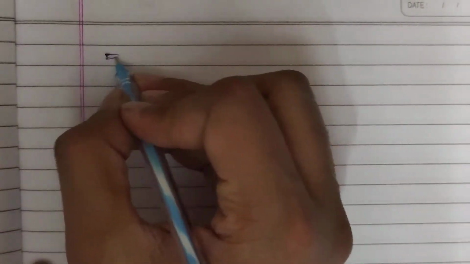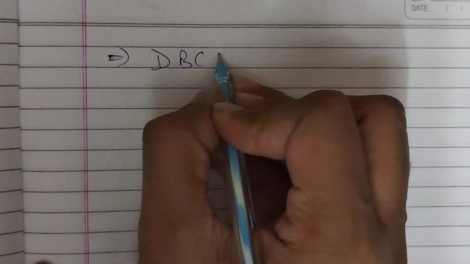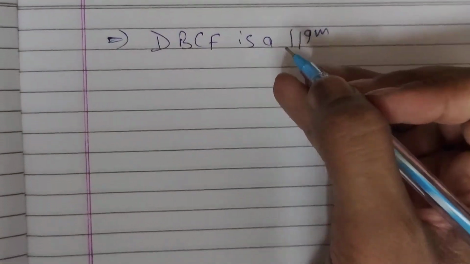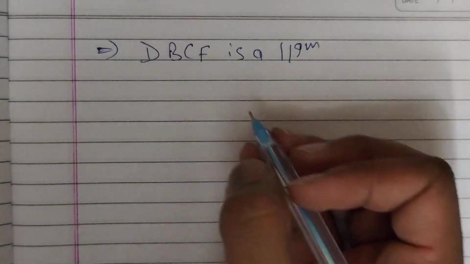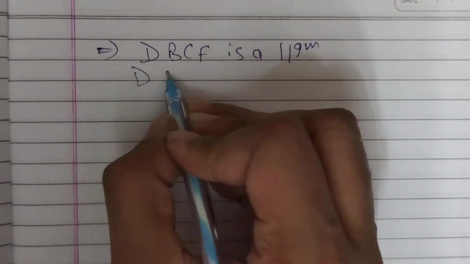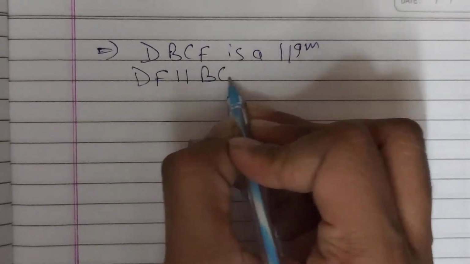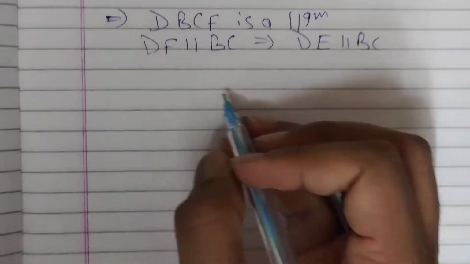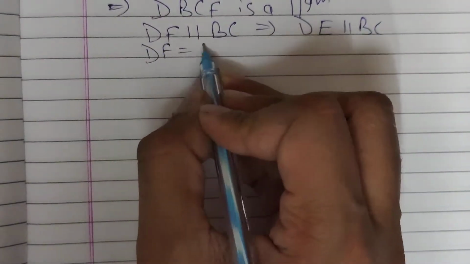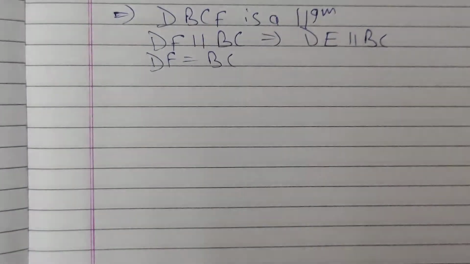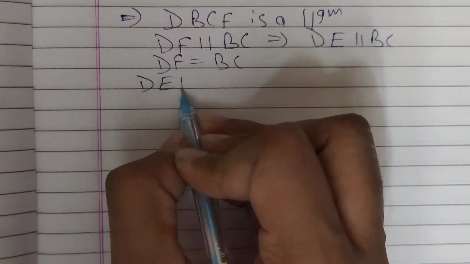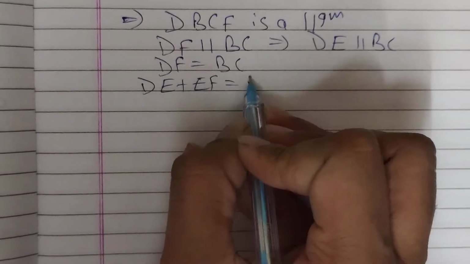So DBCF is a parallelogram. If it is a parallelogram, we can say DF is parallel to BC. So this implies DE is also parallel to BC. And DF is equal to BC because it is a property of a parallelogram. DF can be written as DE plus EF is equal to BC.